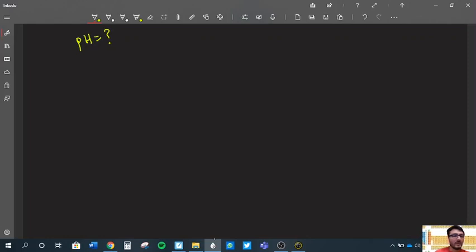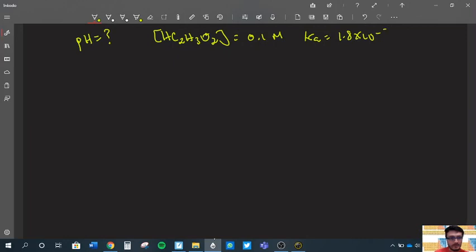Okay, so what is pH? We have that the concentration of acetic acid is 0.1 moles per liter. We have Ka, also given to us, 1.8 times 10 to the negative 5. Remember our Ka expression, I'll put it off to the side.